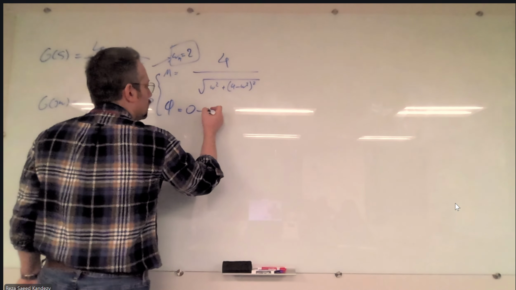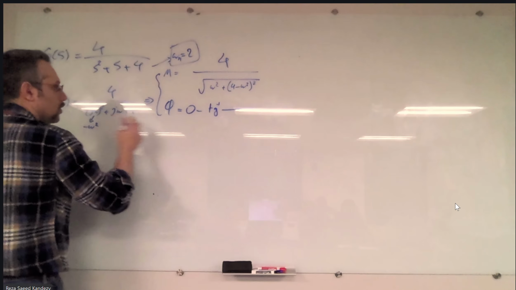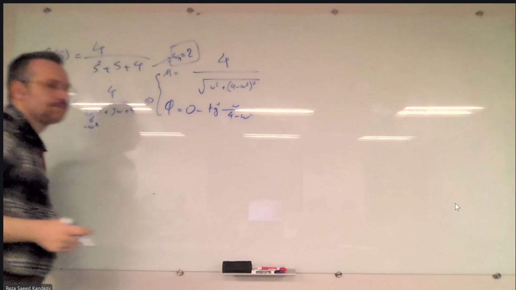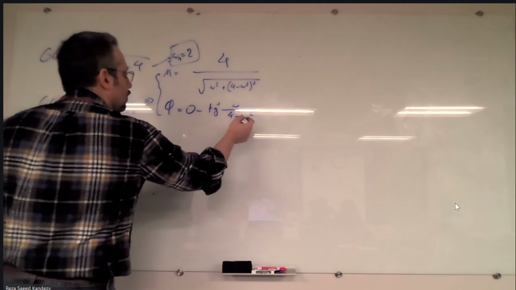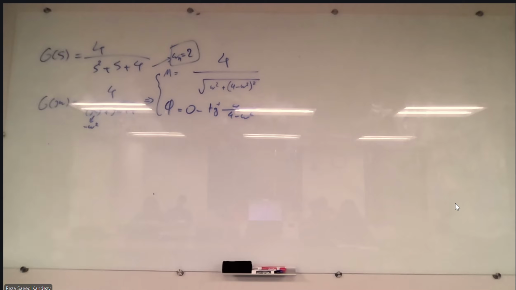That is minus tangent inverse of that complex number, which is omega over 4 minus omega squared. And then we have our phase formula for that vector. Is that clear what we talked about? Any questions so far?